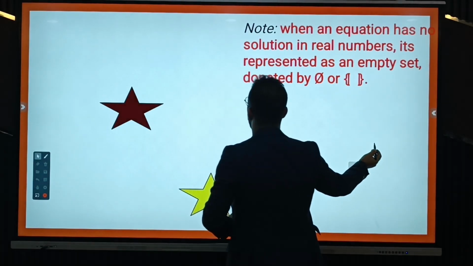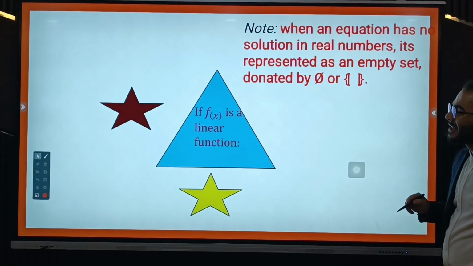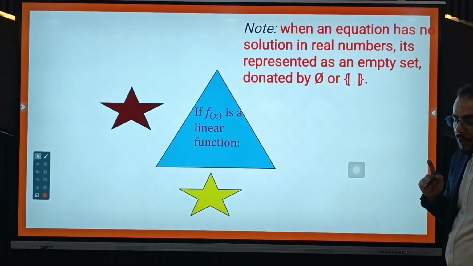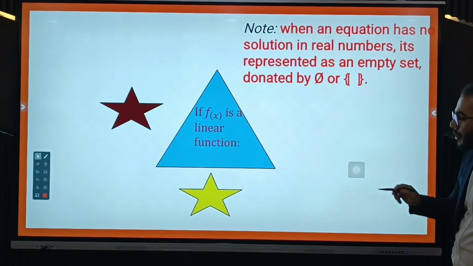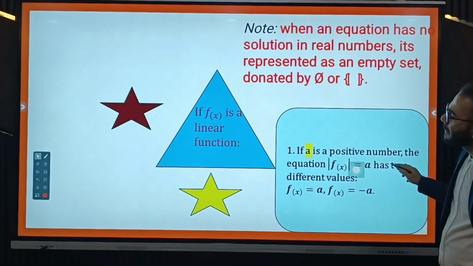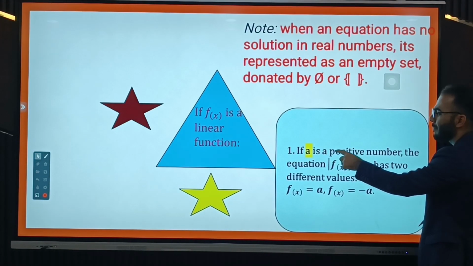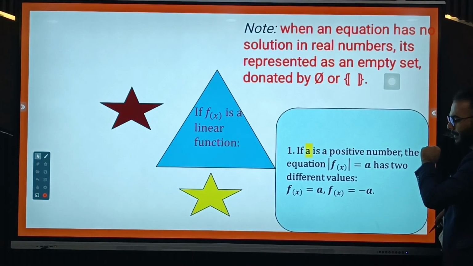So let's see what we have here. Okay, f of x is a linear function, and a is a positive number.